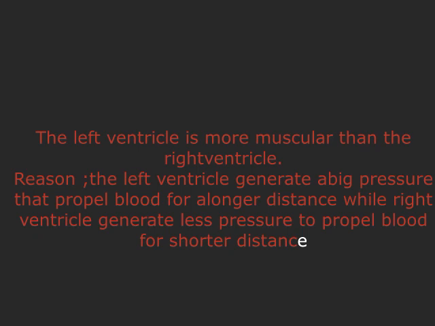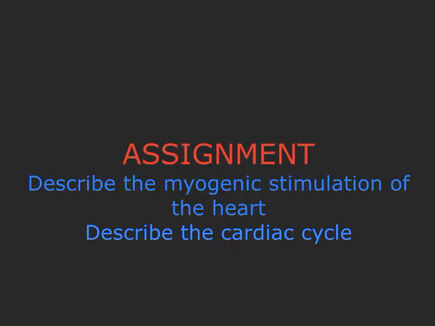Therefore, less pressure is generated on the right-hand side to propel the blood a shorter distance, that is from the heart to the lungs for oxygenation. Take note of that. They can ask you why the right-hand side of the heart is less muscular, yet the left-hand side is more muscular.